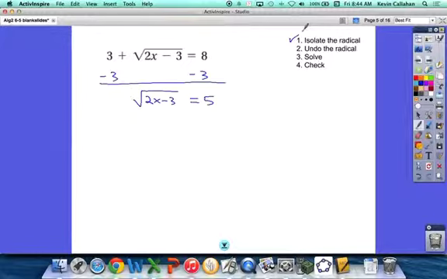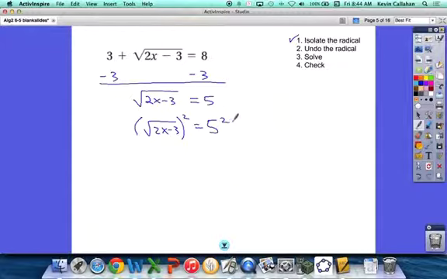Square both sides, right? So the undo depends on what you've got, because we could have infinitely many combinations of radicals, but this is a square root, and I'm going to show this as another line. I could just do it right there, but then I wouldn't see that. So let me do it on another line. Parentheses, the square root of 2x minus 3, squared, equals 5 squared.